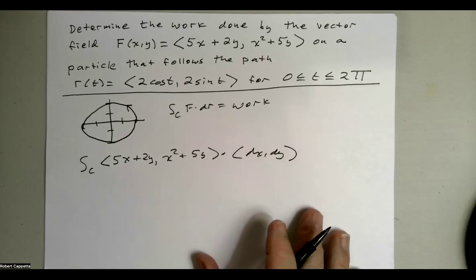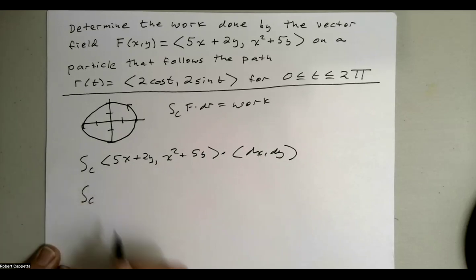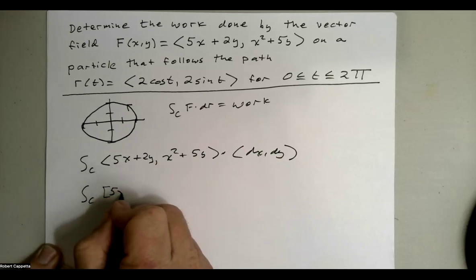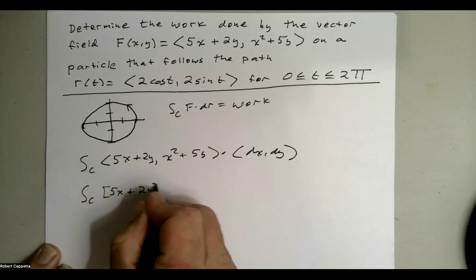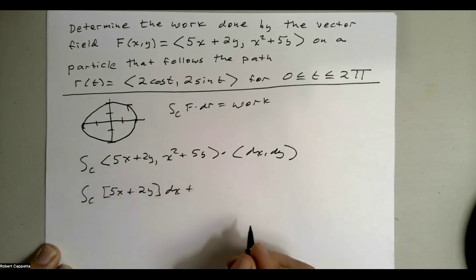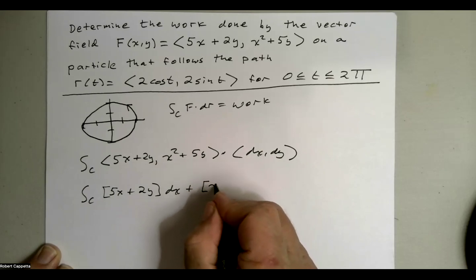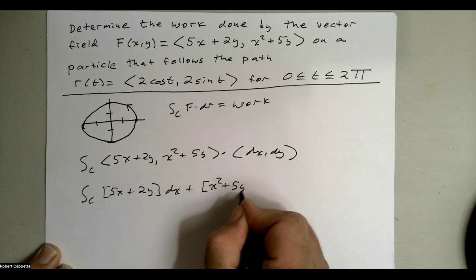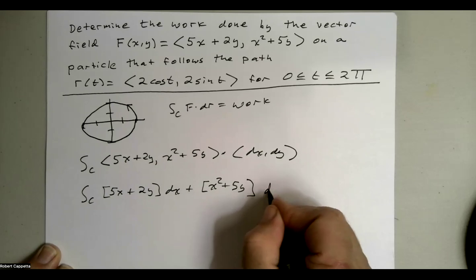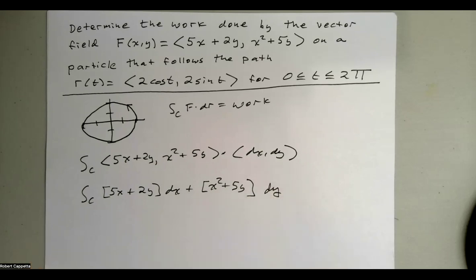And then we write it in the form we're sort of used to seeing, namely the integral over C of (5x + 2y) dx plus (x² + 5y) dy. And then we can go ahead and solve this.